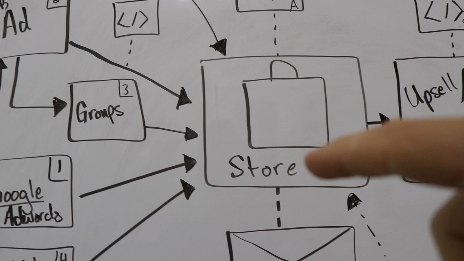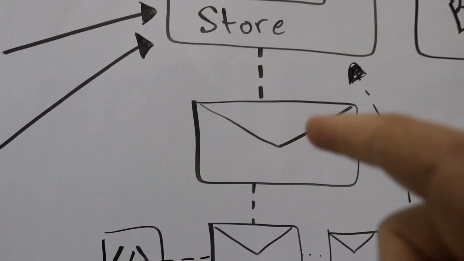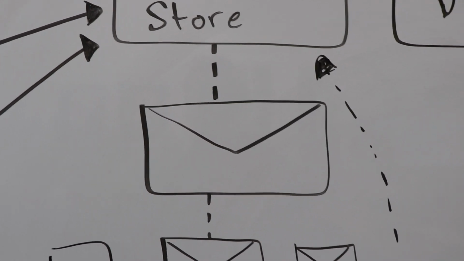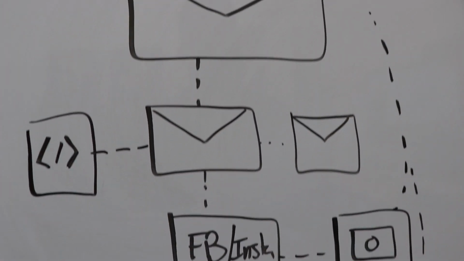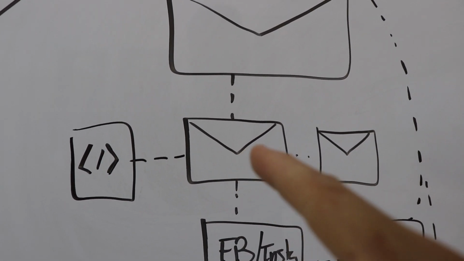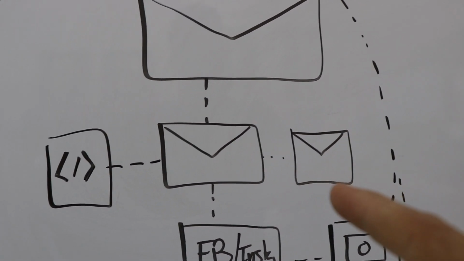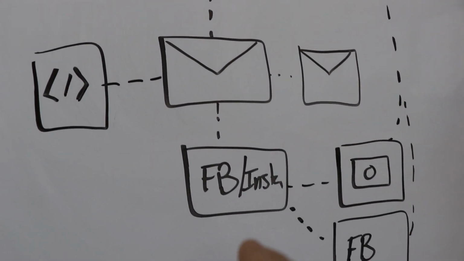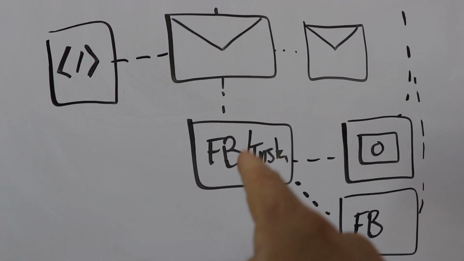When they're on our store, when they try to leave, we're going to ask them for their email address. And the reason that we do this is they're going to get a discount, right? So we use an email. When they give us their email, we actually send them an email, a series of them. And those things will lead people back to our store, but not before we try to send them over to our Facebook and to our Instagram.